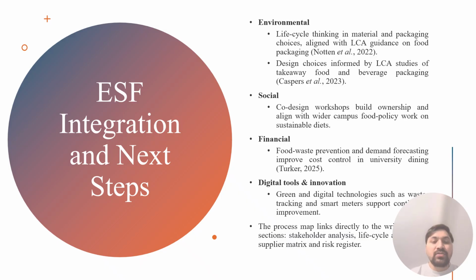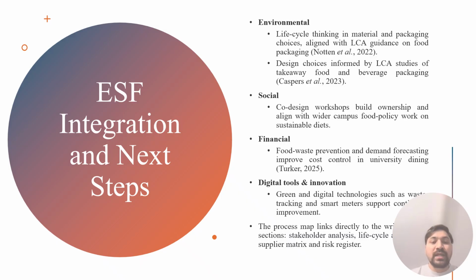Procurement tasks are linked to supplier assessment metrics and score potential suppliers on criteria like packaging policies, delivery emissions, certification, and ability to provide refill format. The replacement and installation tasks focus on choosing durable, modular fixtures and energy efficient appliances, which support long-term life cycle benefits.